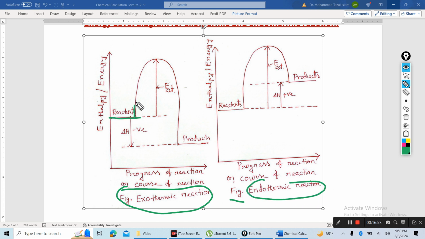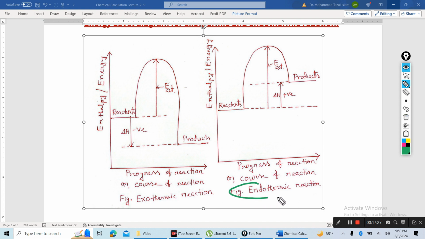Reactant goes to product, reactant above, product below. This is an exothermic reaction. Reactant to peak of the curve distance is known as E-act, activation energy, and reactant to product distance is known as enthalpy of the reaction, and this is negative for an exothermic reaction.